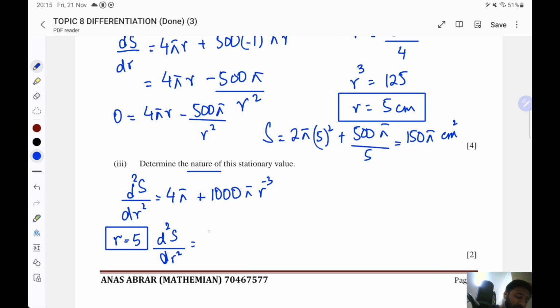So it's going to be 4 pi plus 8 pi, which is 12 pi, the value of the second derivative. Since it's positive, it means that the stationary point is a minimum. So (5, 150 pi) is the minimum point.